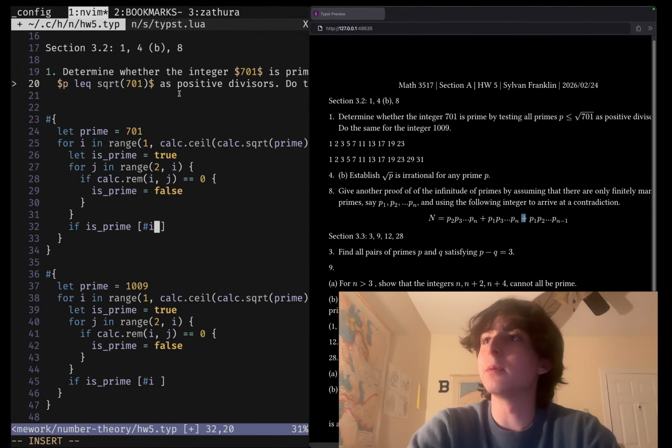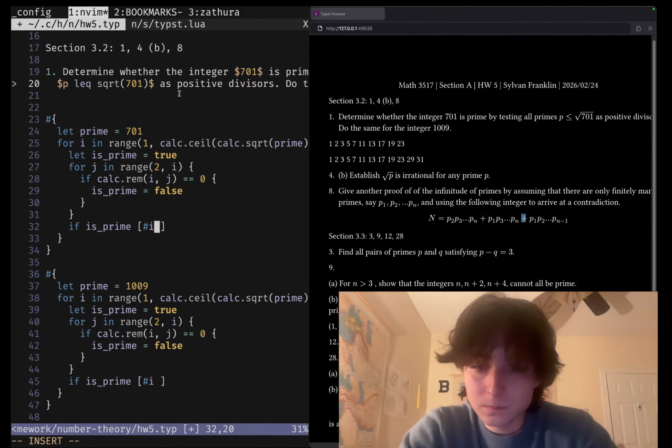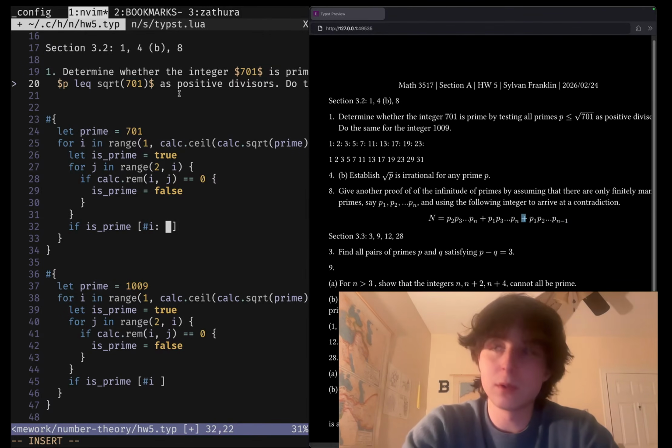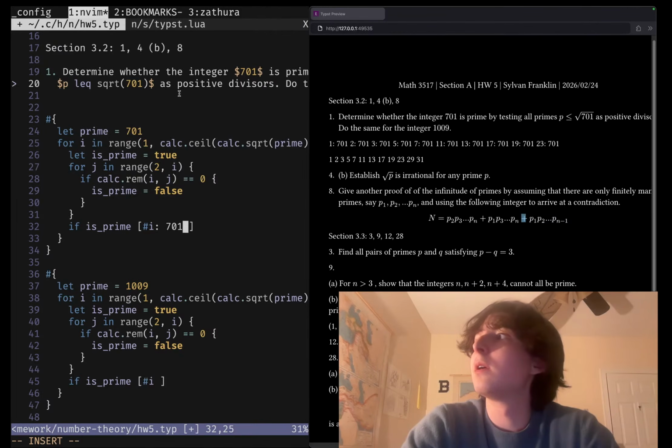Here's what we're gonna do. So we've got I, and then for each of these we can determine whether 701 does or does not divide it.